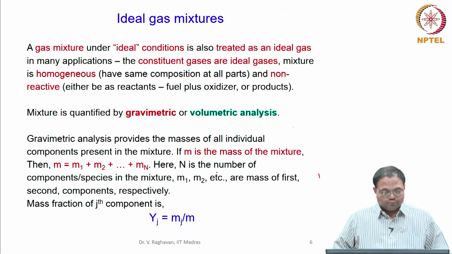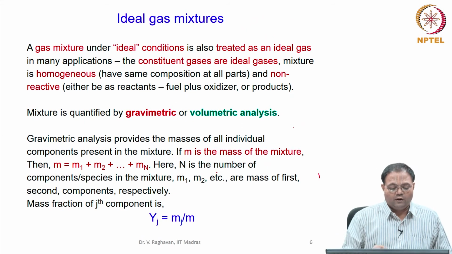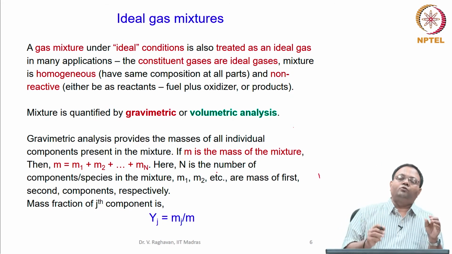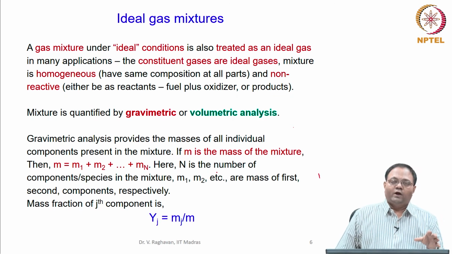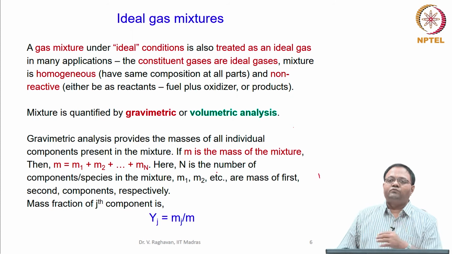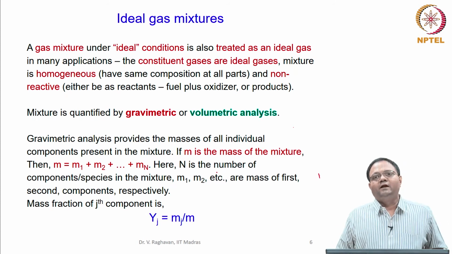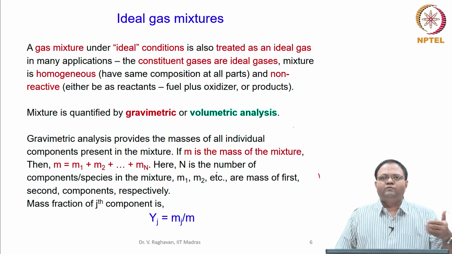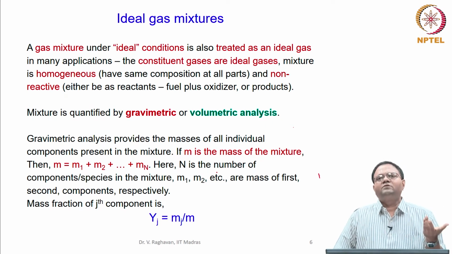Now, we will consider a gas mixture. A gas mixture under ideal conditions means that each and every constituent of this gas mixture is an ideal gas. If I have a mixture of, say, O2 and N2, that is standard air, it can be taken as an ideal gas for practical purposes, because the temperature is, say, 25 degrees centigrade and the pressure is only 1 atmosphere, very low pressure, so densities are not very high.